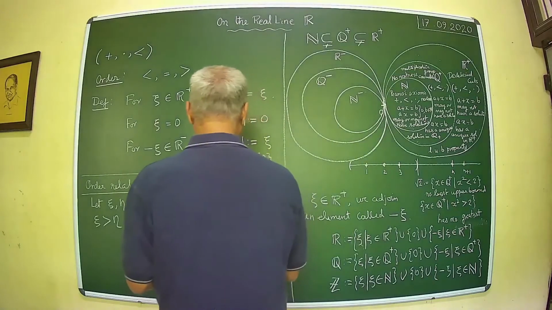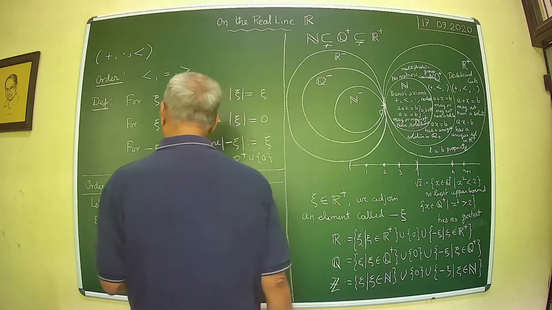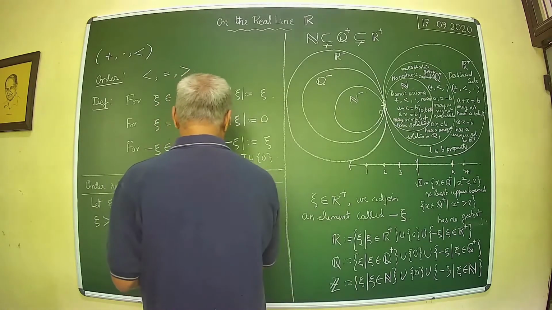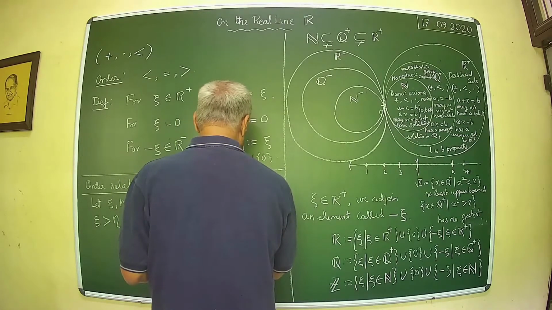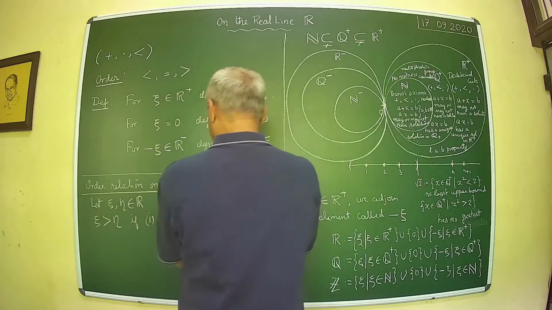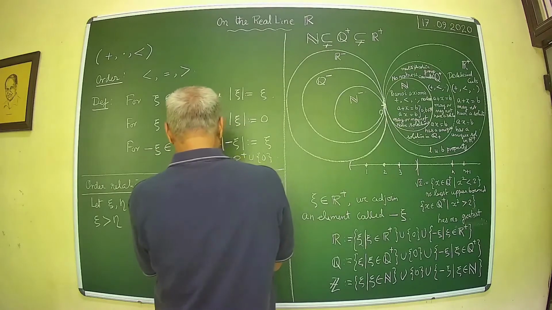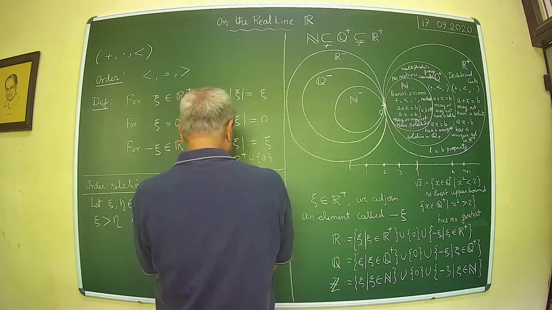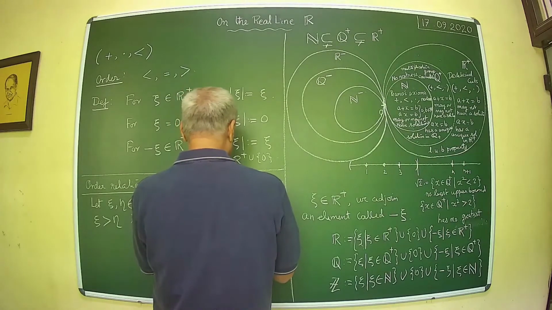See, if psi and eta belong to R minus, we say that psi is greater than eta. What happens? Its reflection is mod psi here, its reflection is mod eta here. So our common sense experience says that psi is greater than eta if mod eta is greater than mod psi.